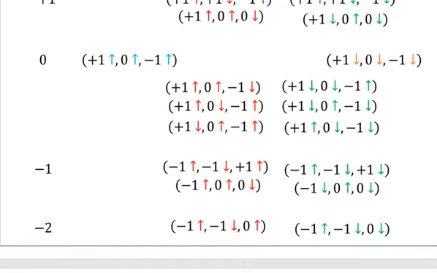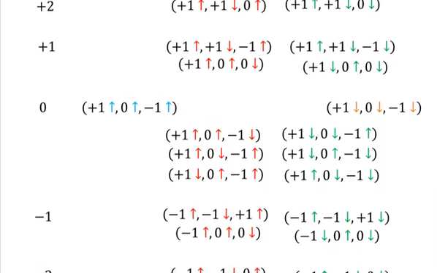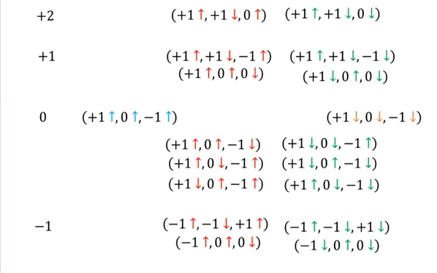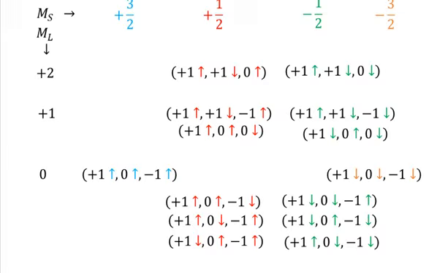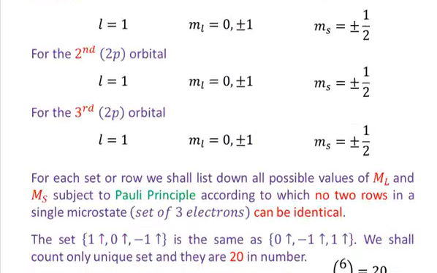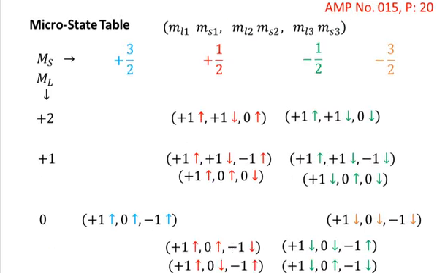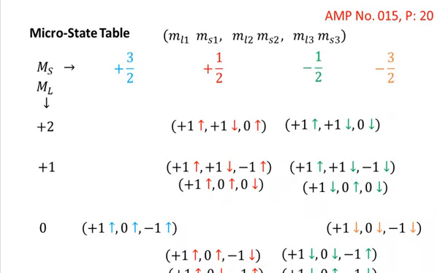So I have written these values of capital L. Capital L is equal to 0, plus minus 1, and plus minus 2. These are the allowed values of capital ML. And of course, the allowed values of capital ML can be constructed by combining ML values. So ML1, ML2, ML3, these values can be combined to give you the total value ML.